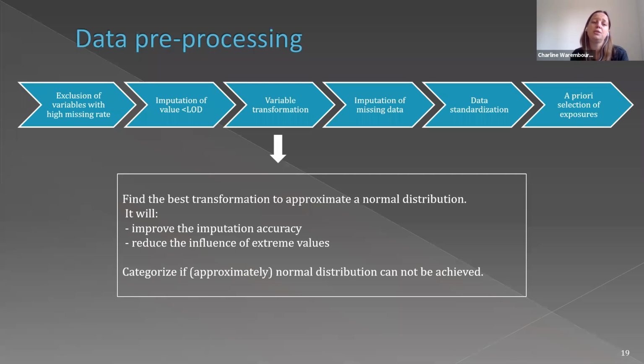And this will also reduce the influence of extreme values. If you have, for example, a log normal distribution, applying a log transformation will allow you to decrease the influence of these high values. Or you can also consider categorizing the variable if you cannot achieve a normal distribution.